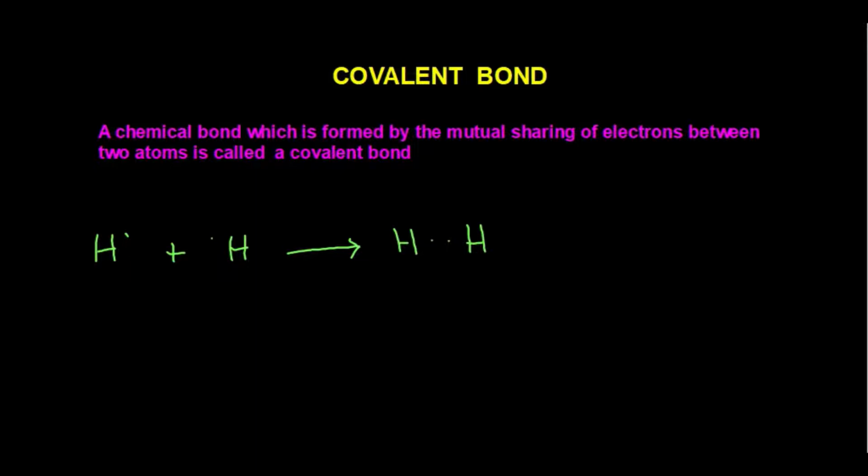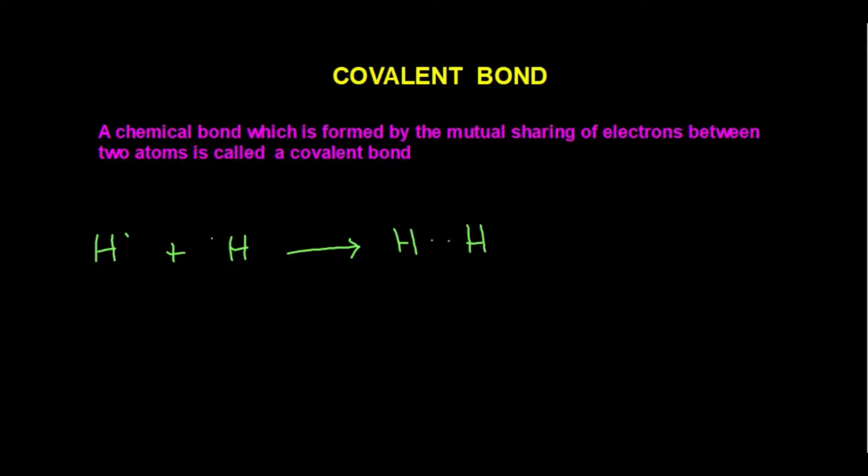Helium has two electrons in its first shell, in its K shell. In order to get the stability, hydrogen must have two electrons in its first shell, that is in K shell. It means hydrogen completed its duplet after sharing one electron by each hydrogen atom to a shared pair. So in this way we get single covalent bond between two hydrogen atoms in a hydrogen molecule.